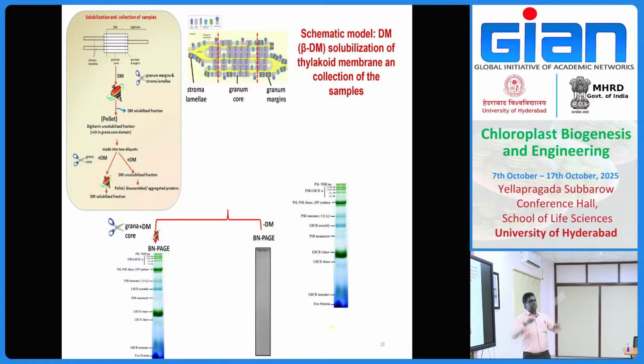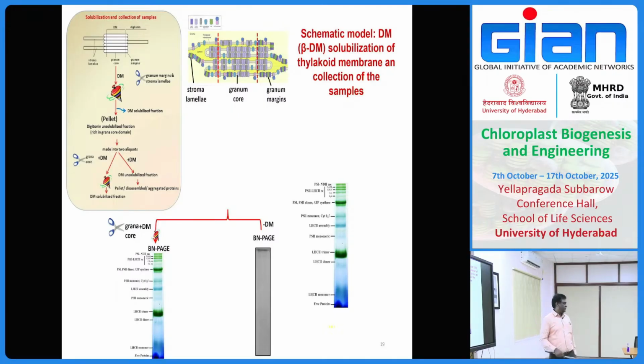Inside thylakoids you have complexes like photosystem 1, photosystem 2, light harvesting complexes, photosystem 2 dimers, photosystem 2 monomers, LHC2 trimers and LHC2 monomers, and ATP synthase complexes. All of these can be separated using blue native gel electrophoresis, which Pavitra explained yesterday, right?